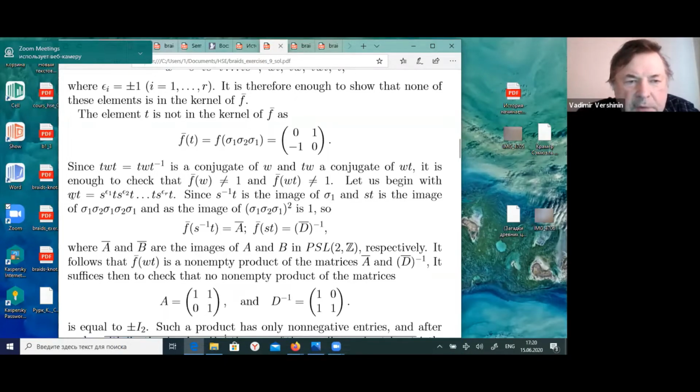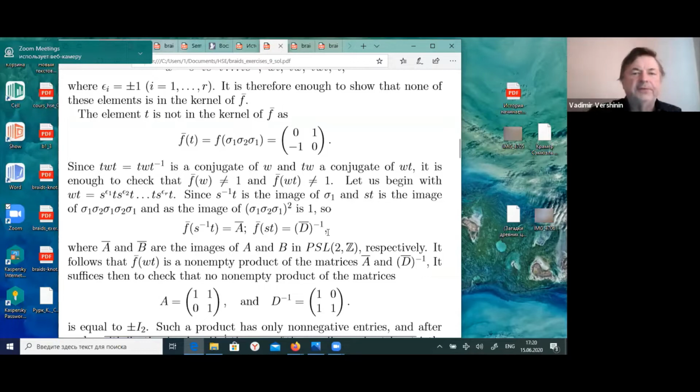What do we have? WT starts with S and ends with T. Now we are using the braid relations, and we see that S minus 1 T, if you look at that, this is T and this is S, then this one multiplied by T is exactly this one. And ST is the image of this one by the definition, and S, this is 1, so S minus 1 T is the same as S1.